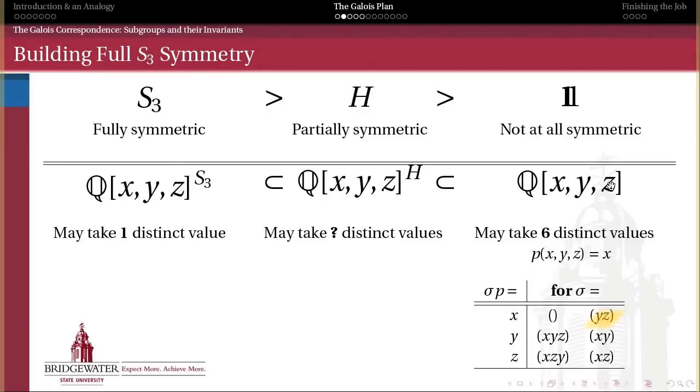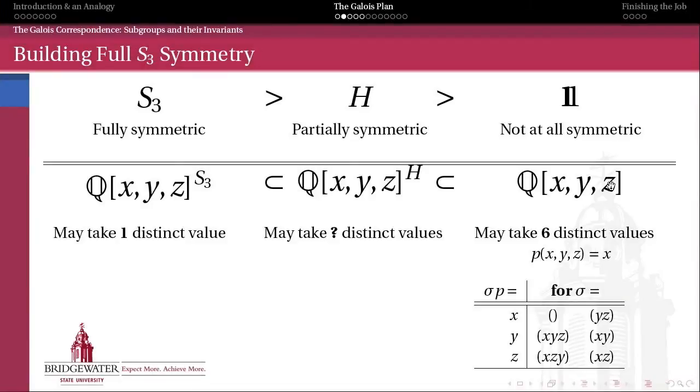On the other hand, if I apply a permutation that turns x into y, like the permutations on this row, then the value of that polynomial can in principle change. It can become y. And if I have a permutation that turns x into z, then I could get a different value as well. So this particular polynomial, even though polynomials in this class can in general have up to 6 values, only takes on 3 different values in general, at maximum at least, again, assuming that there are no repeated roots for our polynomial.